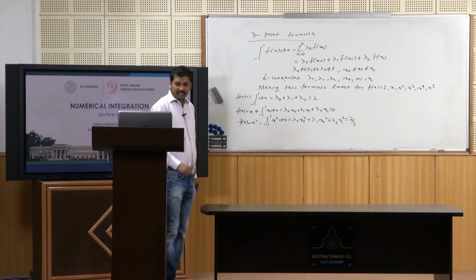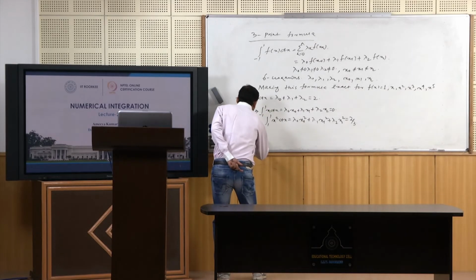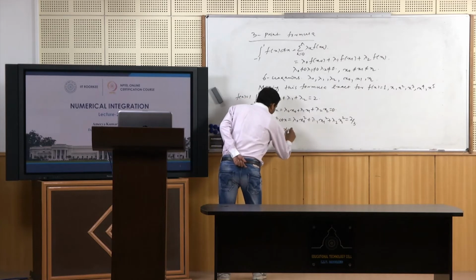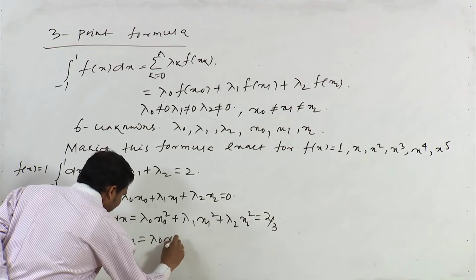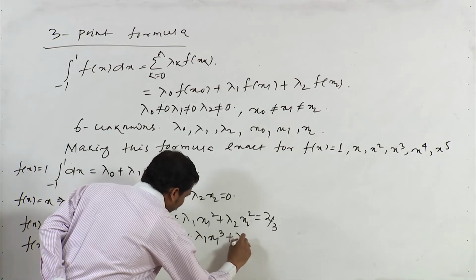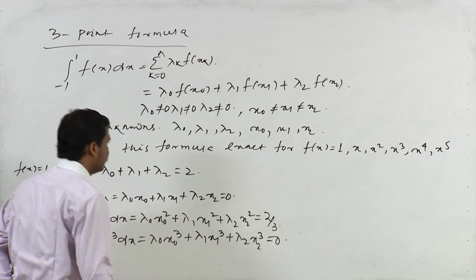So similarly, f of x equals x cube can be written as the integral from -1 to 1 of x cube dx, lambda 0 x 0 cube plus lambda 1 x 1 cube plus lambda 2 x 2 cube, this equals 0 here.